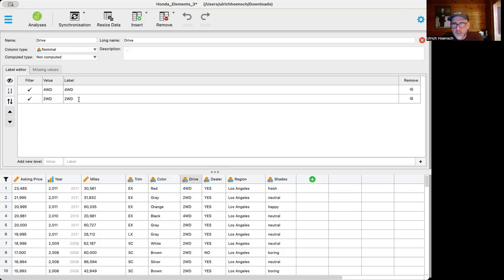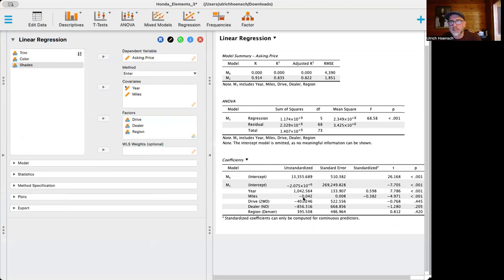The second level is two-wheel drive, which means that if we go from four-wheel drive to two-wheel drive, our asking price is predicted to decrease by $400, as we would expect, because four-wheel drive cars should be more expensive. Unfortunately for us, the effect of this variable is not significant, so it's not a real effect.